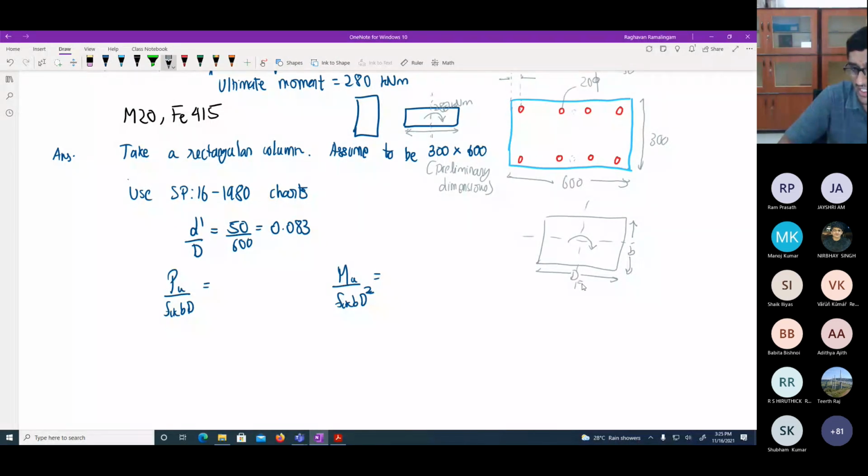So my D will be 600, B will be 300 according to this problem. So you can find what is PU by FCKBD and MU by FCKBD square.